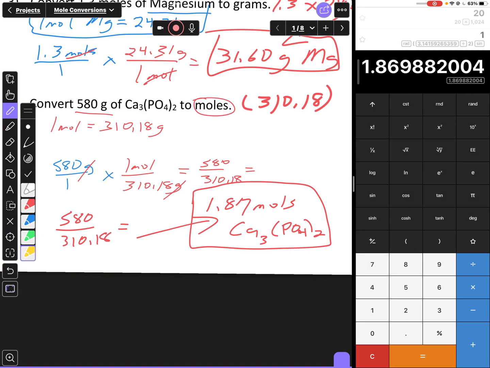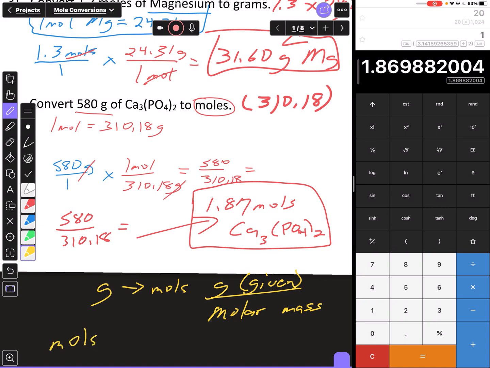But just always remember, if I'm going grams to moles, I'm taking my grams that are given in the problem and dividing that by my molar mass. If I'm going moles to grams, I multiply by the molar mass.